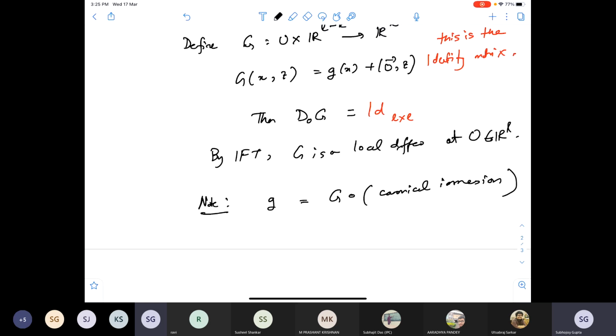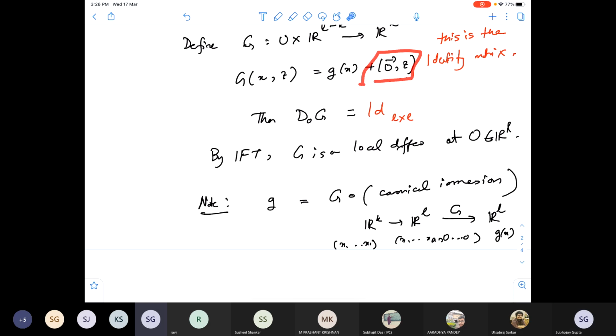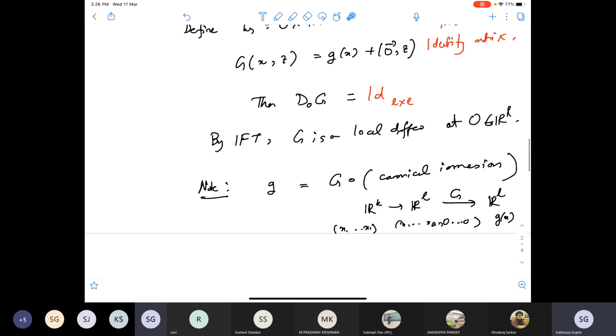If I do a canonical immersion from R^K to R^L, x1 to xk goes to x1 to xk followed with a bunch of zeros, and then you apply G, you'll be going to G of x1 to xk, because this addition of 0 and z contributes nothing, since these L minus k entries are all 0. So you can write g as a composition of this and the canonical immersion.